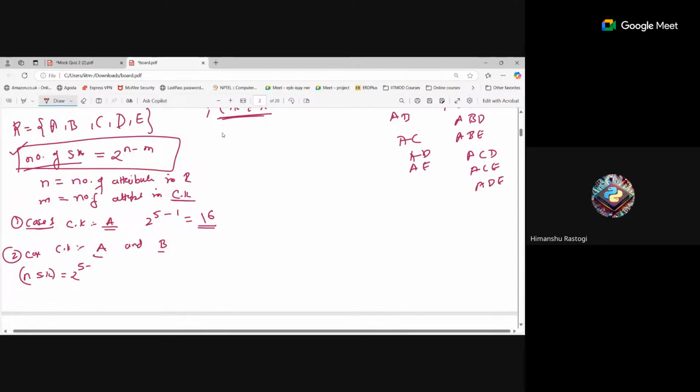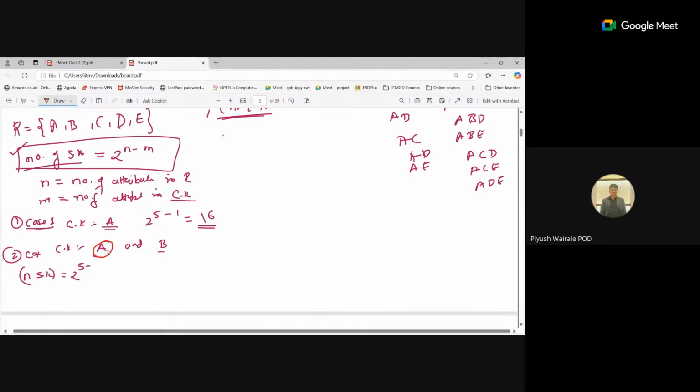So we get A plus B minus A intersection B. The common part that A and B both generate will also come in the super keys, so we have to subtract those many super keys which are generated from AB.